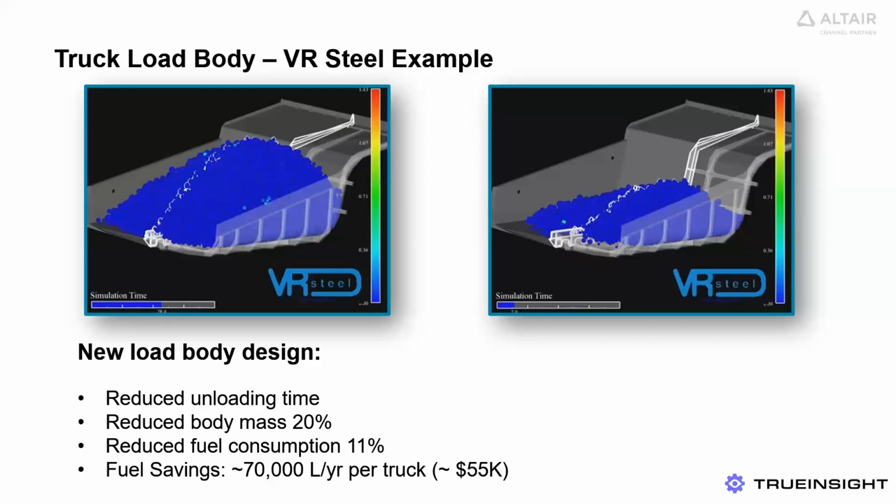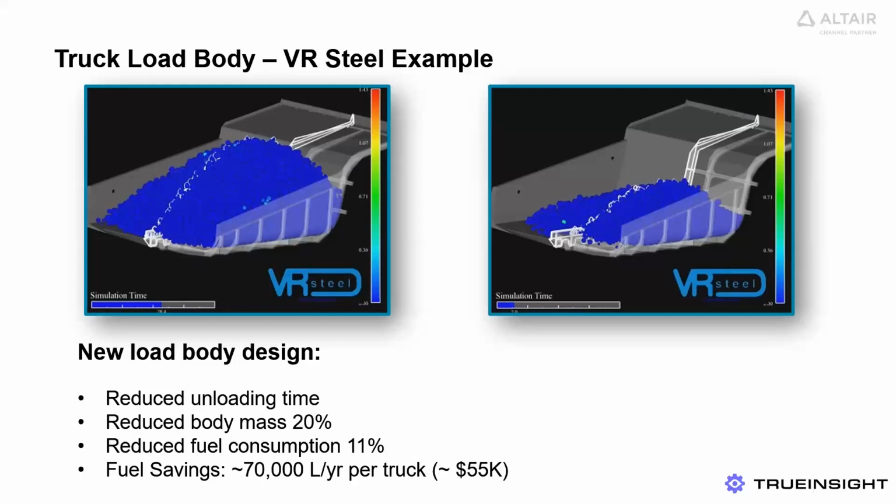In terms of the numbers, EDEM helped VR Steel demonstrate that their new load body design reduced the body mass by 20%, reduced the fuel consumption by 11%, and that led to a fuel savings of approximately 70,000 liters per year per truck, which would be approximately $55,000 US, and reduced unloading time.